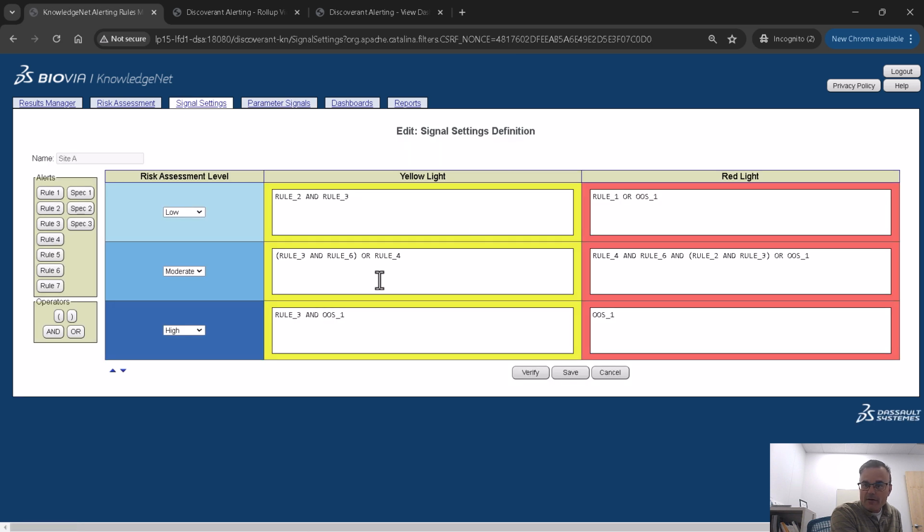These are where the particular run rules are set up to turn a control chart red or yellow. And of course, they're based off of the risk assessments, which you can have n number of risk assessments. So this is what's controlling the actual colors of the individual control charts.